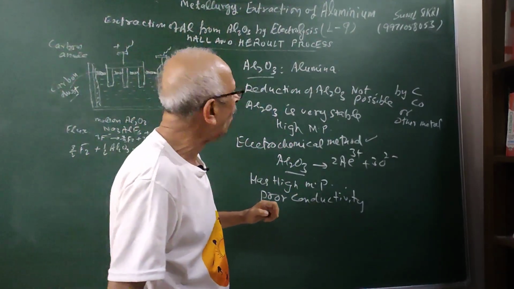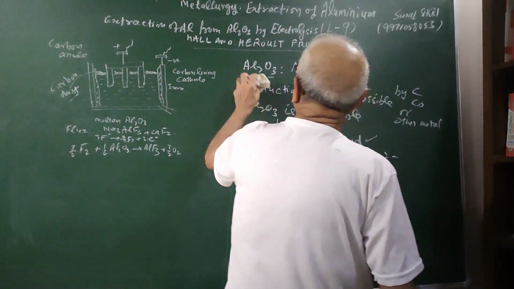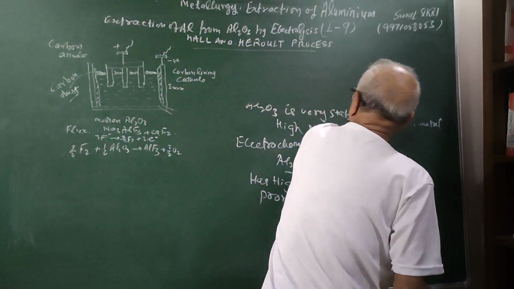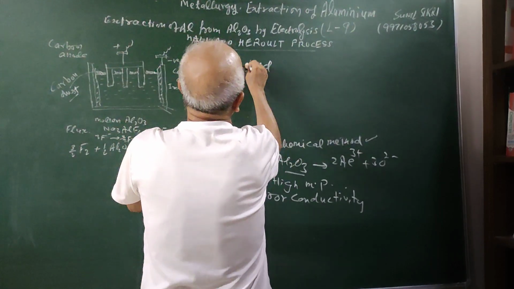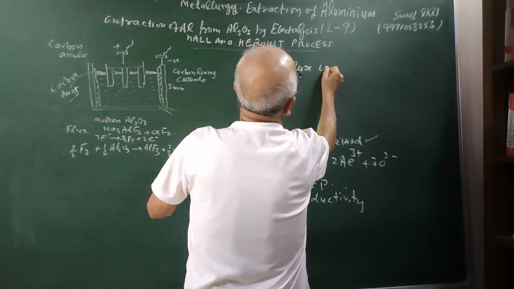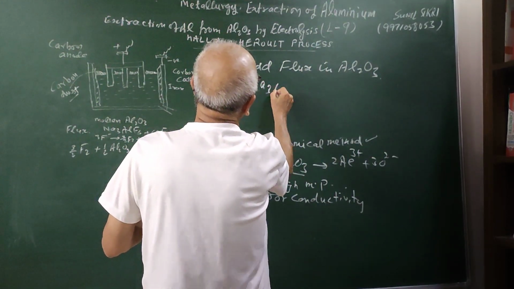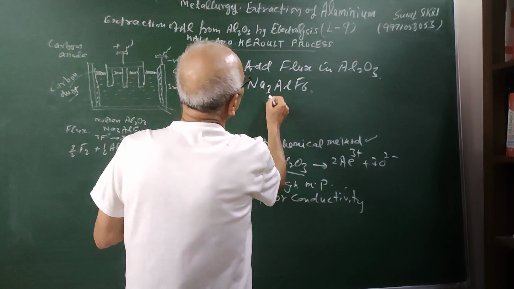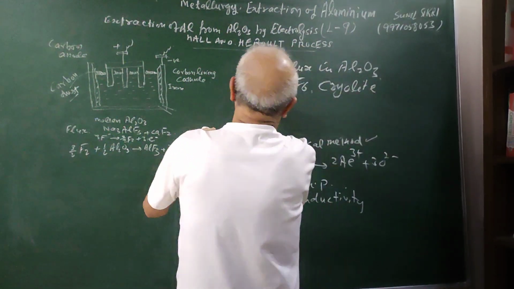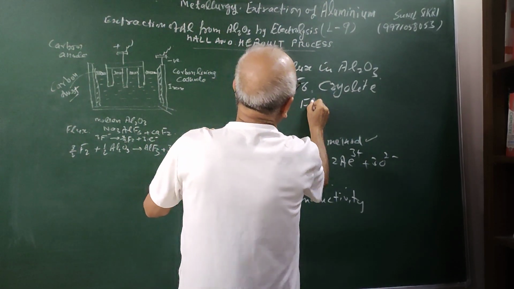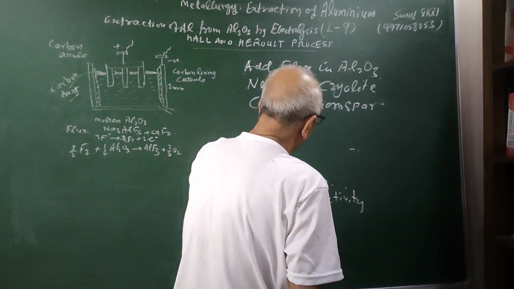But the problem was solved when it was found by the scientists that if we add flux in Al2O3, and the flux which we are using is Na3AlF6, this is called cryolite, and calcium fluoride, fluorspar. Then the problem is solved.